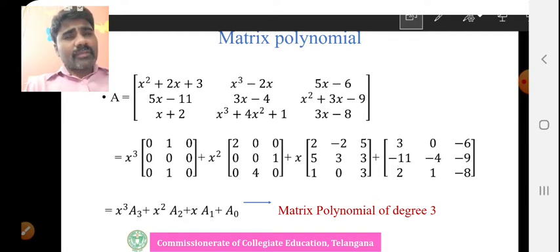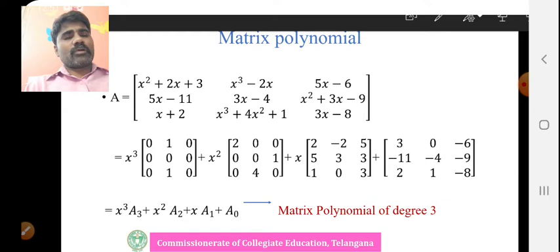Whenever the elements of the matrix are polynomials of degree at most n, then we get a matrix polynomial of degree n.